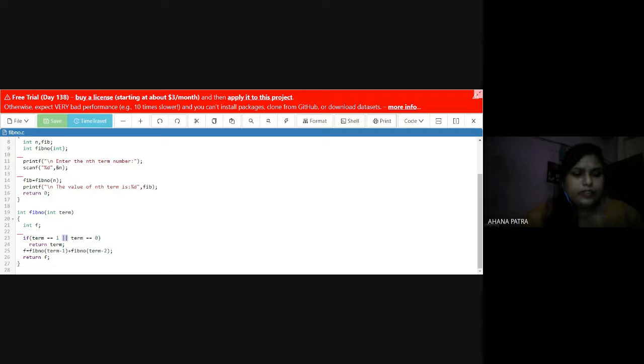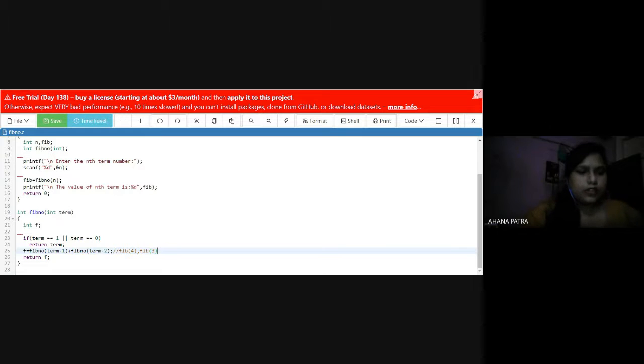Then fib 4 individually calls the Fibonacci function again, and fib 3 also calls the Fibonacci function. That means fib 4 and fib 3 both individually call the Fibonacci function.